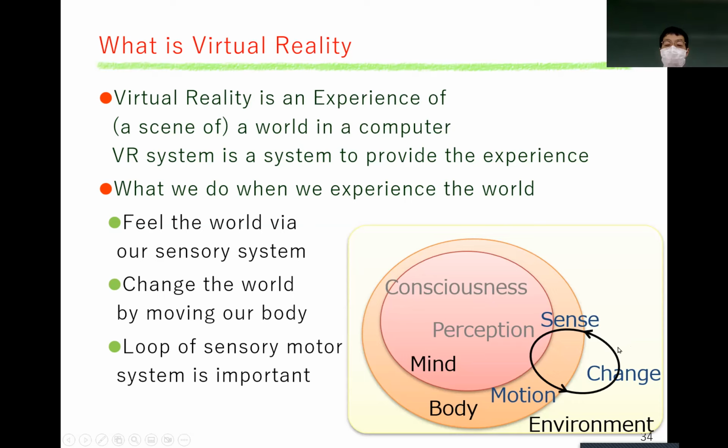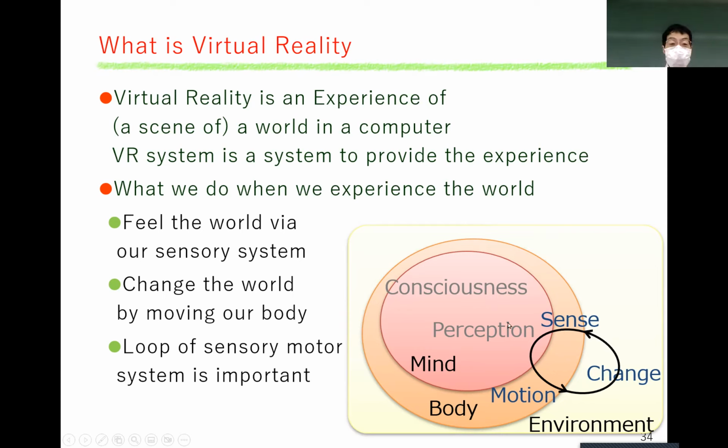We recognize many sensory inputs, then from these inputs we construct the world in our mind. And then based on the world, we move our body. As a result, the environment changes. Then the change is also perceived by our sensory system.